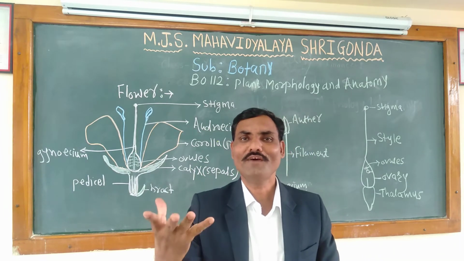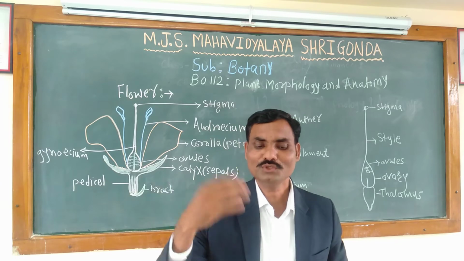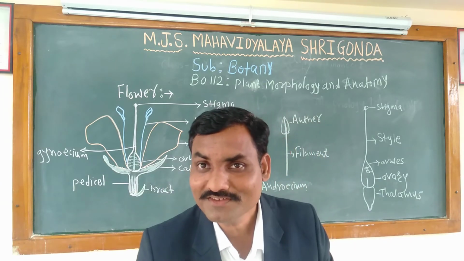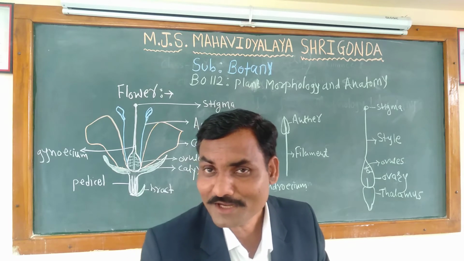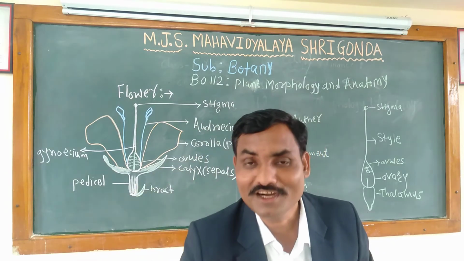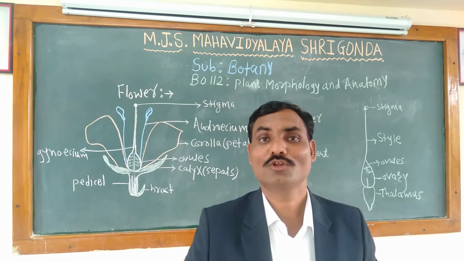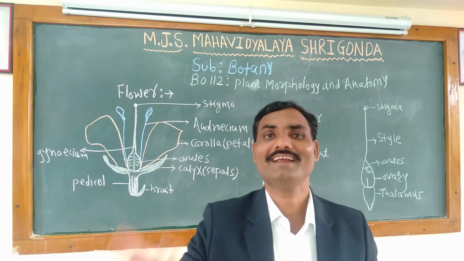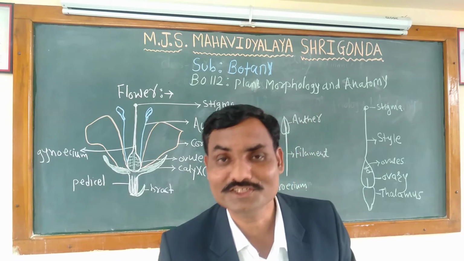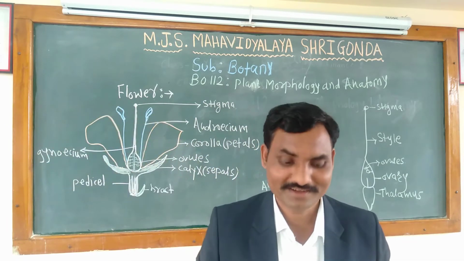It is a highly modified shoot. It is a modified shoot which is specialized for what purpose? What is the special function of that flower? For reproduction, पुनरुत्पत्ति, पुन्हा तयार करणे, त्याच्यासारखा सजीव पुन्हा तयार करणे, that is reproduction, and that is the main function of the flower.